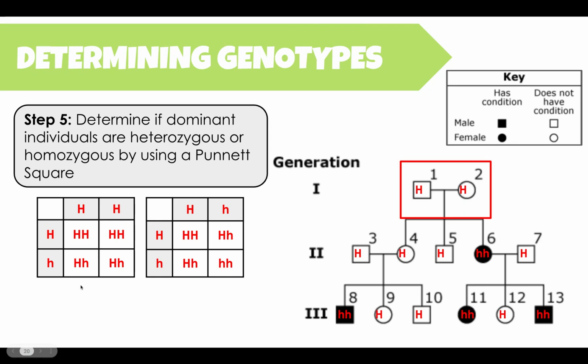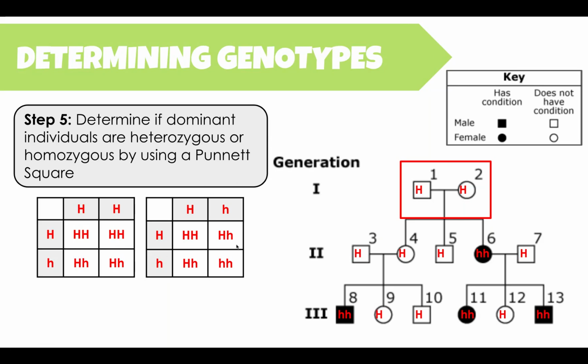Of the offspring, there's a 100% chance the offspring are all dominant. A 0% chance that the offspring are recessive. I know that that combination of parent genotypes cannot work because I have offspring here, number 6, individual 6, little h. This Punnett square does not get me little h whatsoever.